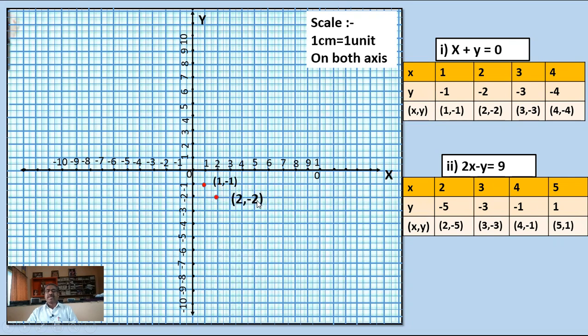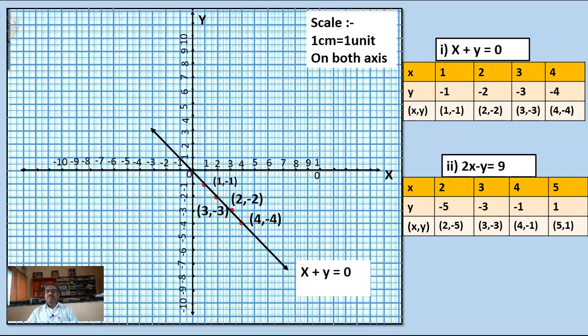Third coordinate is (3, -3). Next is (4, -4), x coordinate 4, y coordinate minus 4. We draw a line passing through all points, then we get a straight line. This straight line is the graph of equation x plus y is equal to 0.